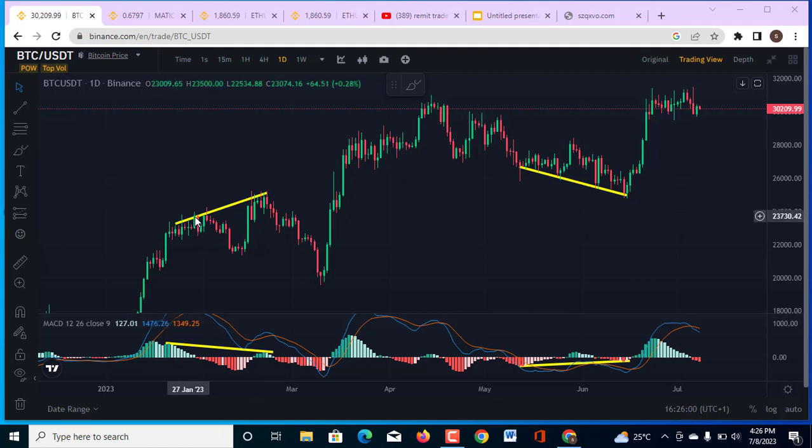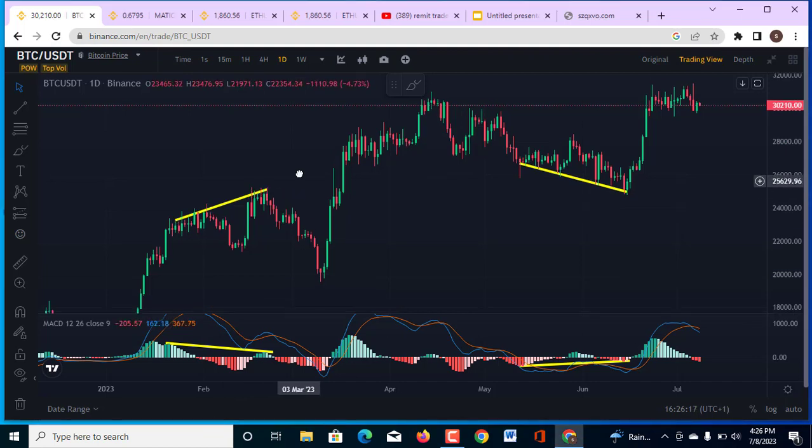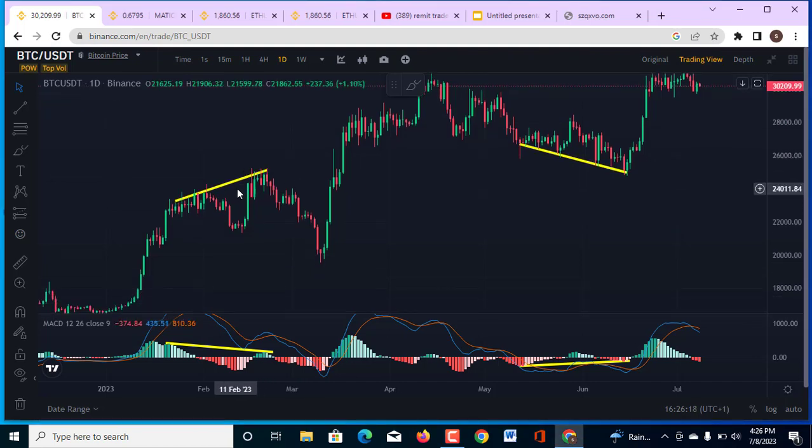Let's say, for example, in this very case, you see from here we connect this line up to this very point, and on the indicator, that is the MACD histogram, from here to this very area, you see this line is sloping downward while this other one is sloping upward. There is a divergence. So in this case, we say this is a bearish divergence. Reason why: market moved up, and then after this movement to the upside, we are expecting the market to come back down.